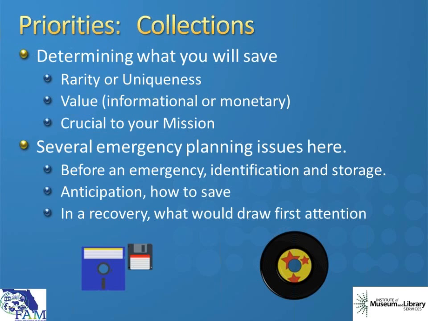Now, priorities, determining what to save before a disaster and even afterwards. Determining what to save involves several factors: the rarity or the uniqueness of the item, the value, that is the information value or the monetary value. Let me give you an example of informational. The university does maintain and work with a Pensacola committee called the Architectural Review Board.